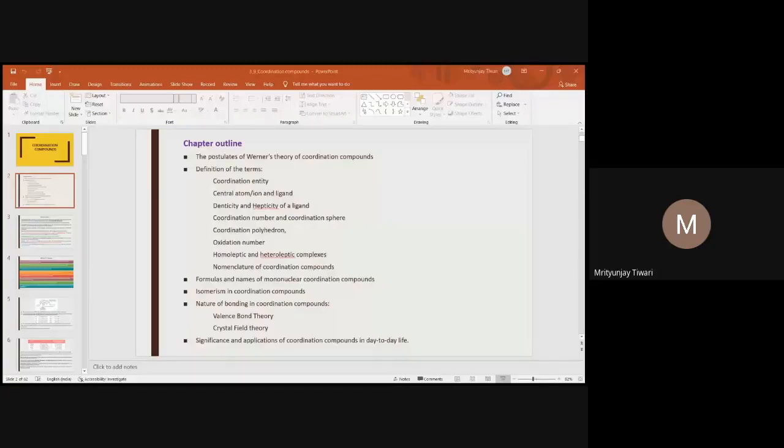So usually the difference between hapticity and denticity is that the coordinated atoms of the ligand are continuous in multi-haptic ligands. However, in the case of polydentate ligands, these atoms are not linked, they are not in conjugation or in continuation.